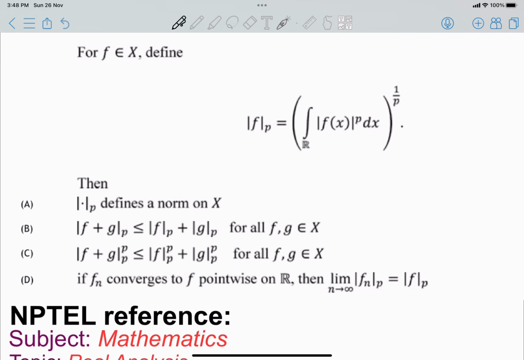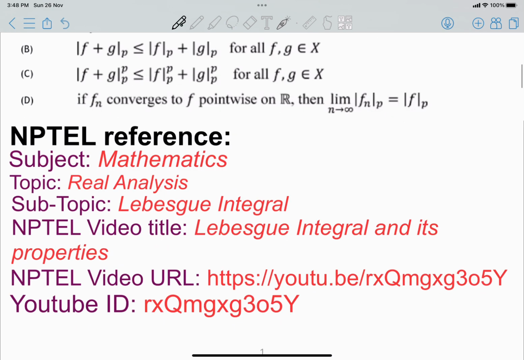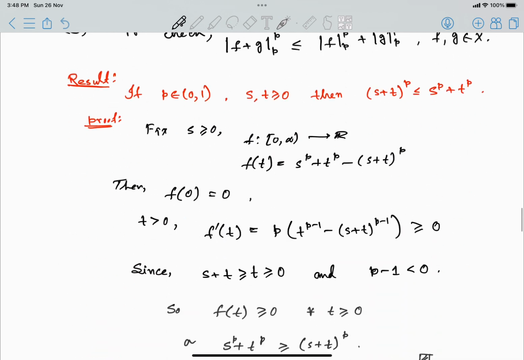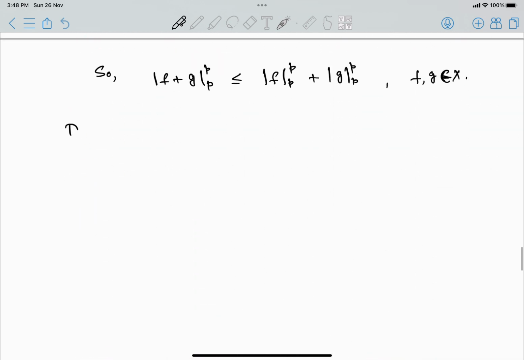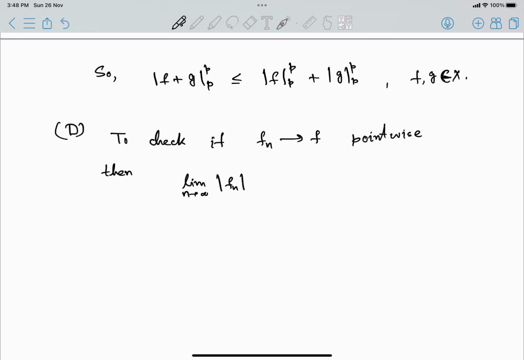It is saying that if f_n converges to f pointwise on R, then ‖f_n‖_p converges to ‖f‖_p. So to check if f_n converges to f pointwise, then the limit as n tends to infinity converges here.